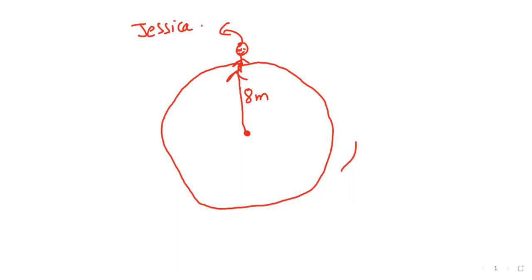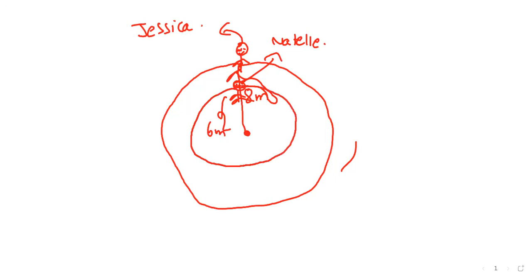Okay, her sister is somewhat closer to the center. So let's say this is her sister Natalie, and she is at a distance of 6 meters. This is her radius.